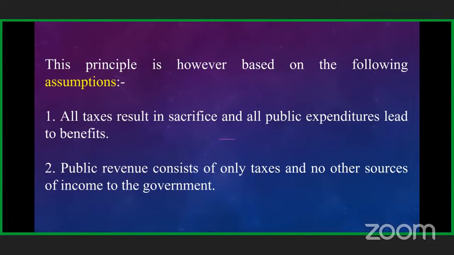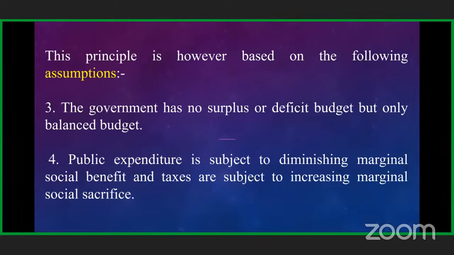Here we are considering that the public revenue consists only of taxes, not non-tax revenue. Based on these assumptions, the government has no surplus or deficit budget, but only a balanced budget.